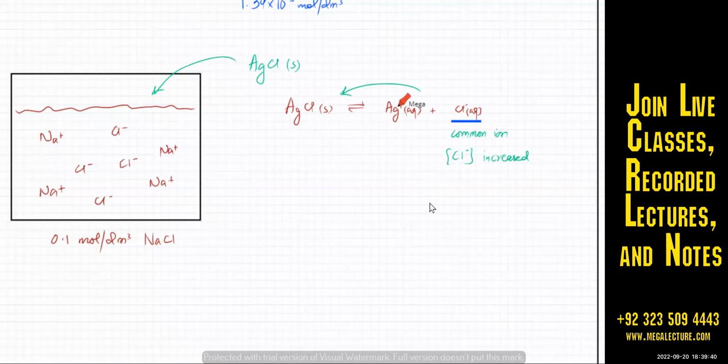So due to the presence of the common ion, the AgCl equilibrium shifts to the left, the one given above.